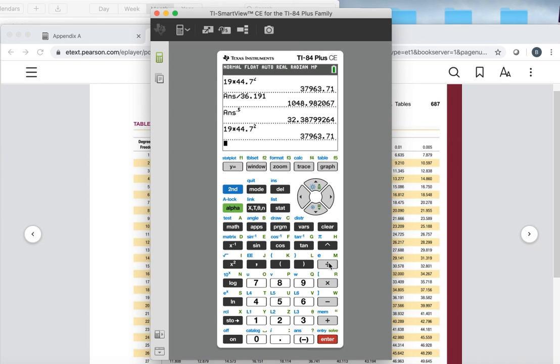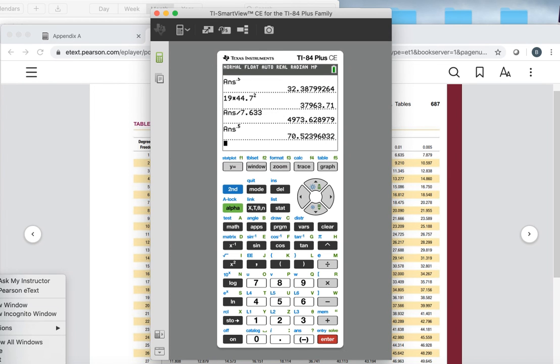And then we're going to divide that by the left tail, which was 7.633. That's the number we got from this table. And then we'll take the square root of that. And so the right side of our interval is 70.52.